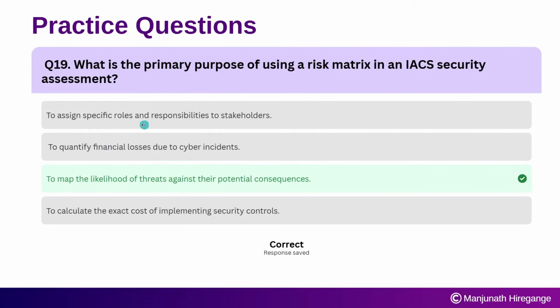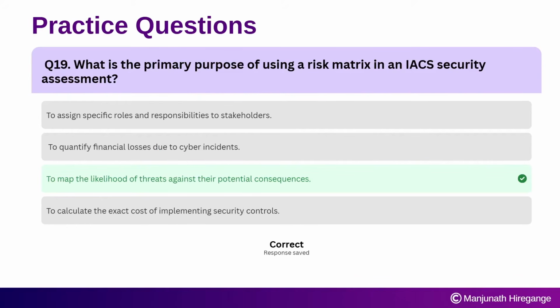So why not the others? To assign specific roles and responsibility, that is more of a GRC framework, correct? Governance, risk and compliance. And to quantify financial losses, yes, this is also considered as part of the consequence, but the matrix does not specifically quantify them.